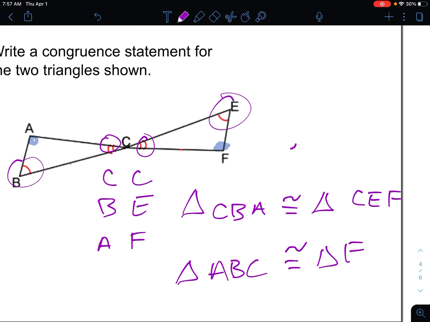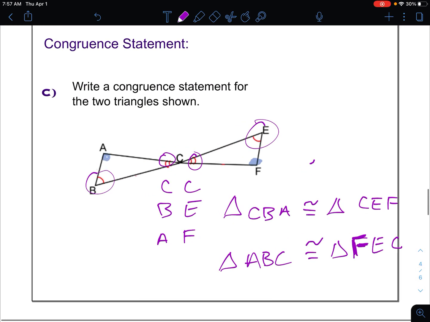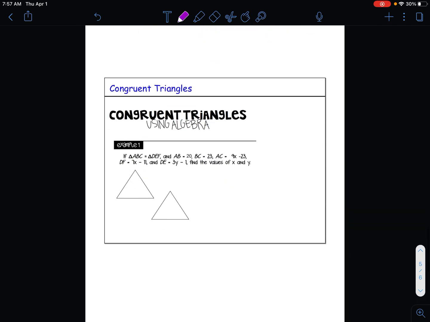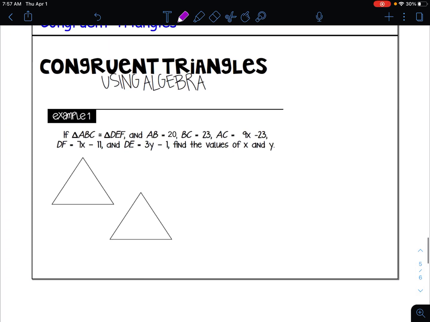A goes with F, B goes with E, and C goes with C. Okay, as long as they're ordering up, we're good to go. So this or this is my congruency statement.